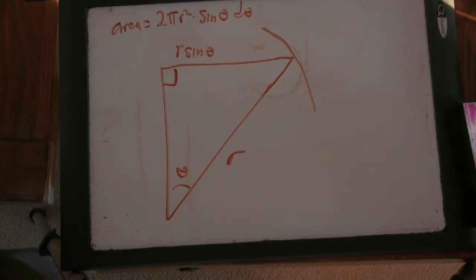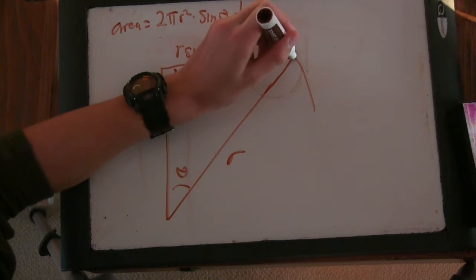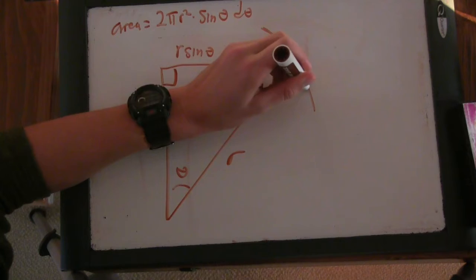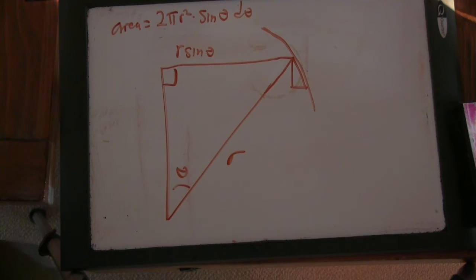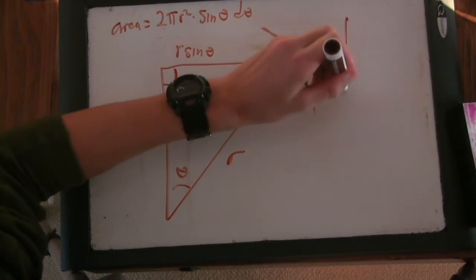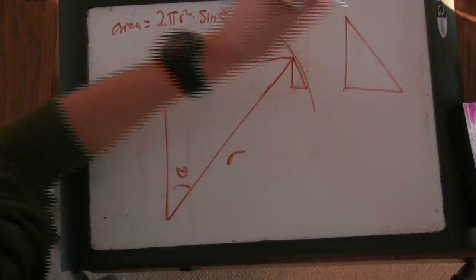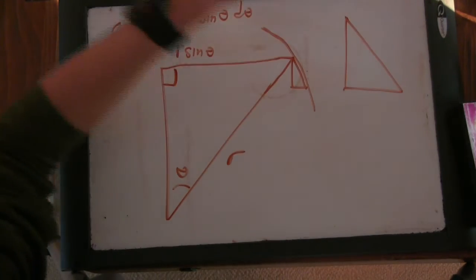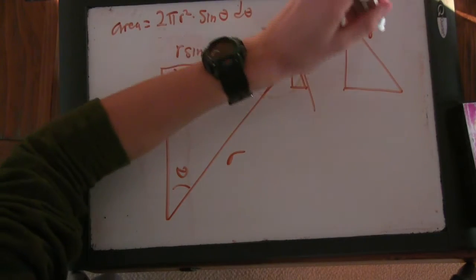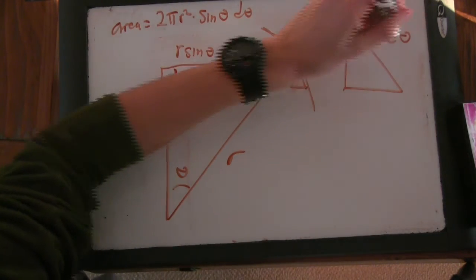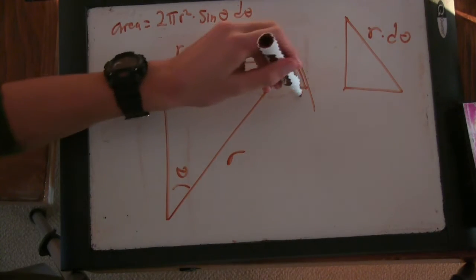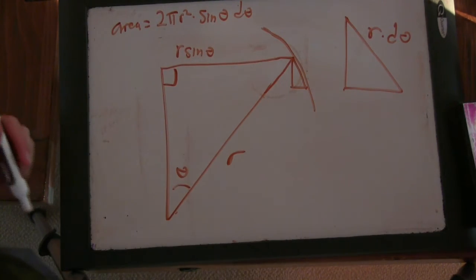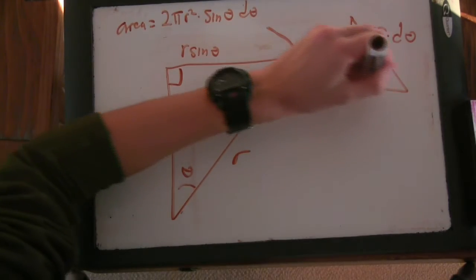It's like that. So we make another triangle. So in this triangle, the hypotenuse is r times d theta, from the small change in theta, if you extend this back to here. This side is what we're trying to find.